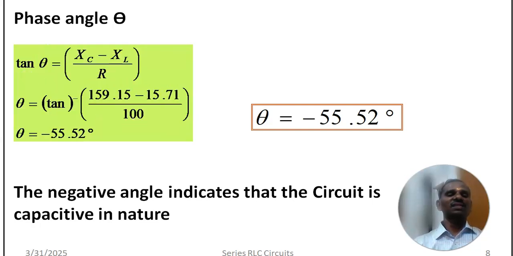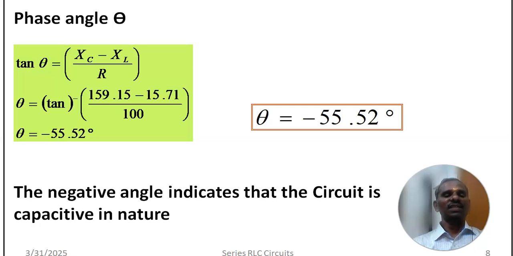And the third question is to find the phase angle theta. We already know the formula: tan theta is equal to XC minus XL divided by R. So theta is equal to tan inverse of 159.15 minus 15.71 divided by 100.